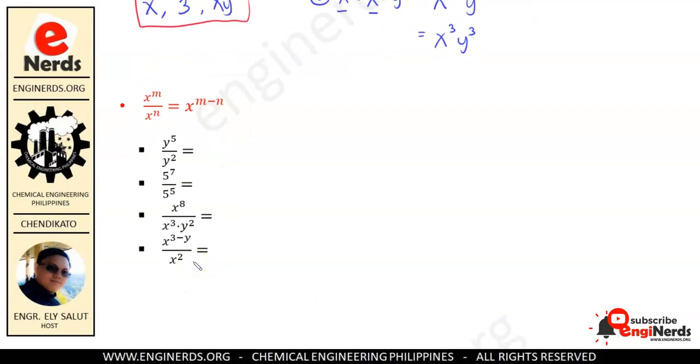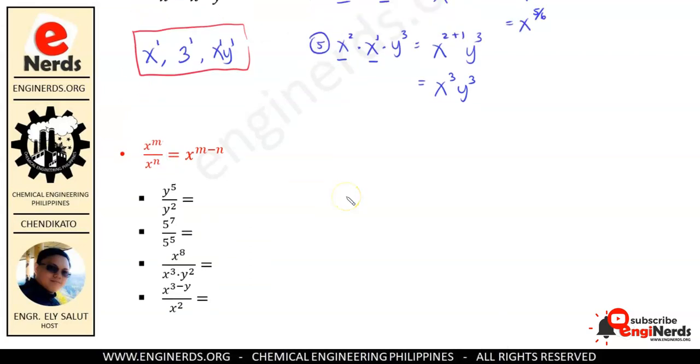We have here x with an exponent of m over x with an exponent of n is equal to x with an exponent of m minus n. So, we just subtracted their exponents.